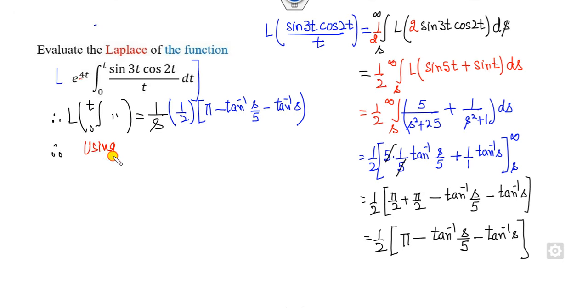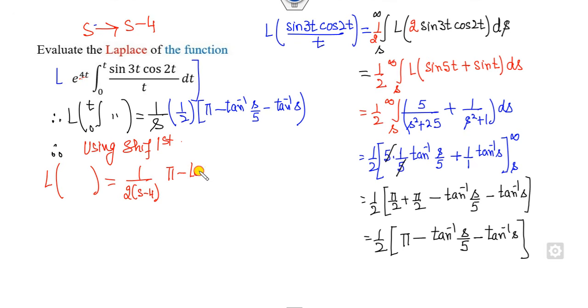So using shifting first theorem, what is the answer of this? Laplace of the required term is, I have to replace s to be s minus 4. So it is 1 over 2(s minus 4) times (pi minus tan inverse (s minus 4) over 5 minus tan inverse (s minus 4)). This is the angle. So that is the right answer of this problem.